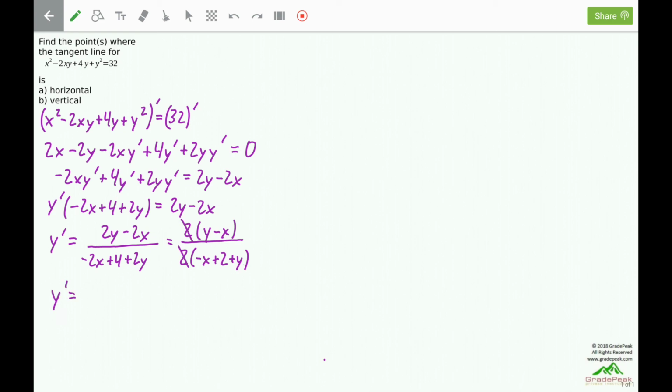So the derivative y prime, which is the slope of the tangent line, is equal to y minus x over, and it's customary to write the positive term first, so I will move the positive y to the front, and then the negative x, and then the plus 2.